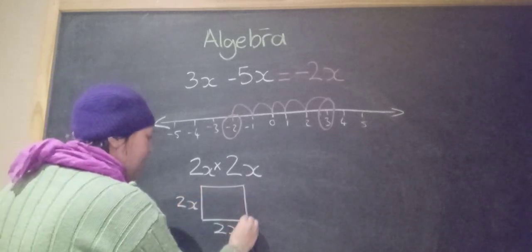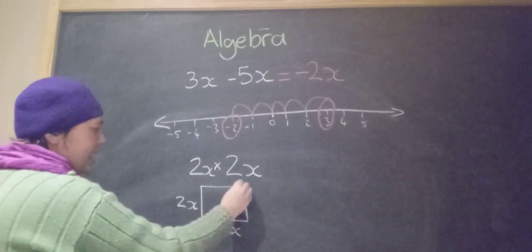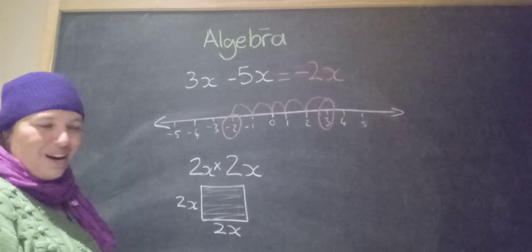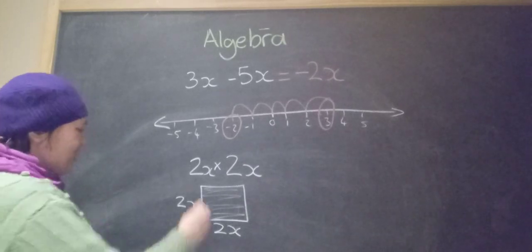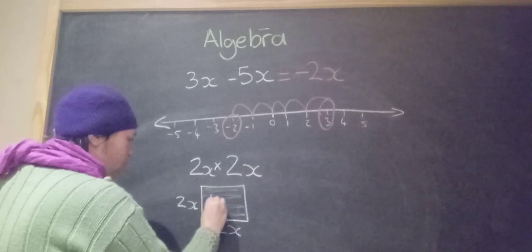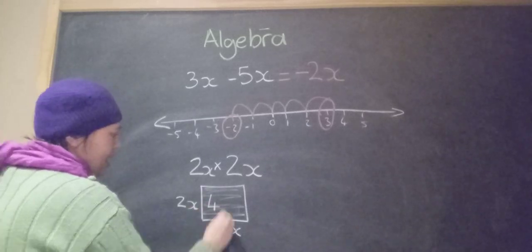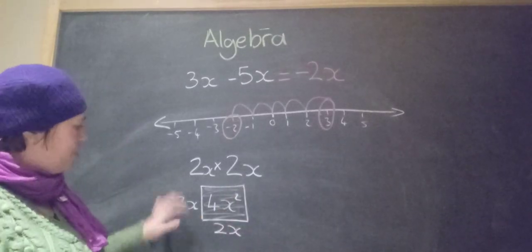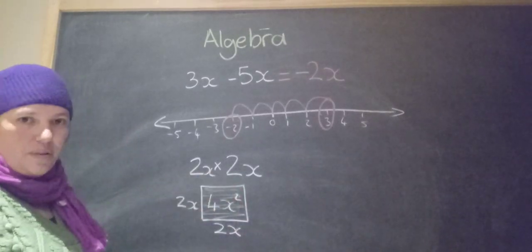So if we multiply those together, we get the area of that. I'm sure you remember area and perimeter. So here we've got 2 times 2 is 4, and x times x is x squared. All right, so it makes a dimension.